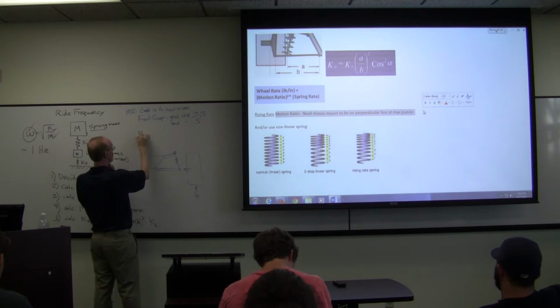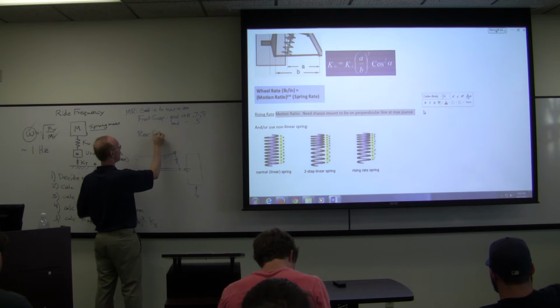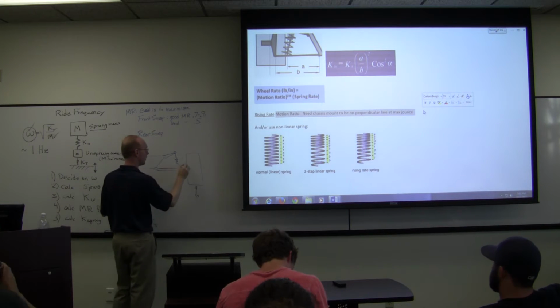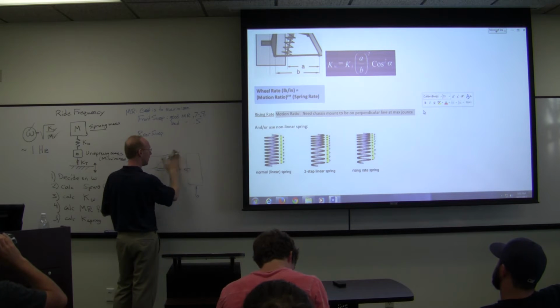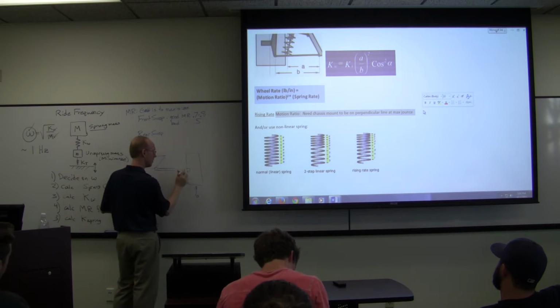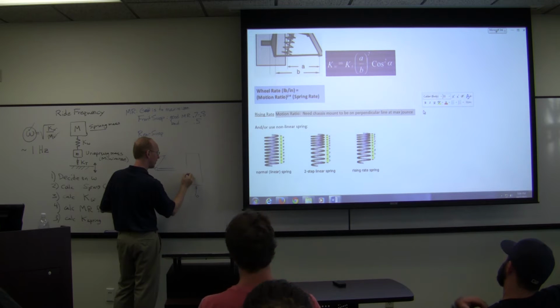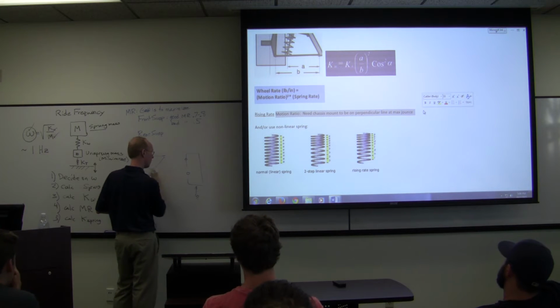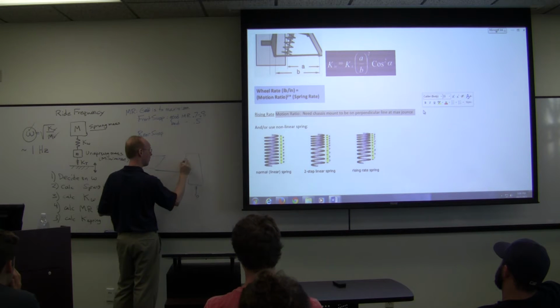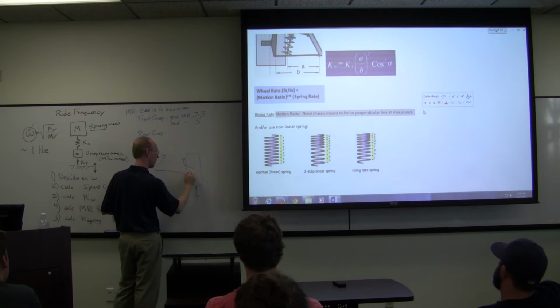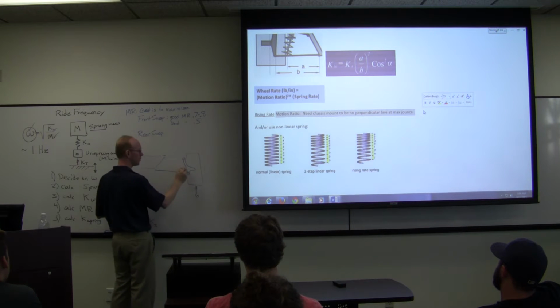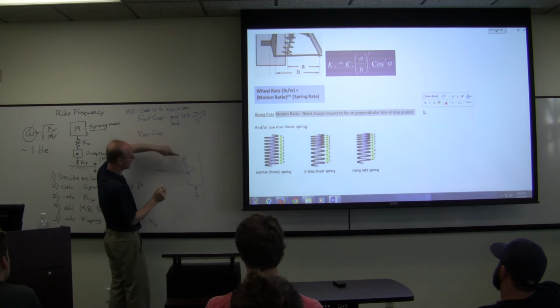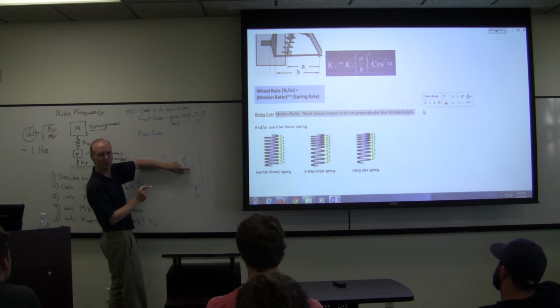In a rear suspension, it's different. With a rear suspension, you can actually actuate the spring right off of the upright.